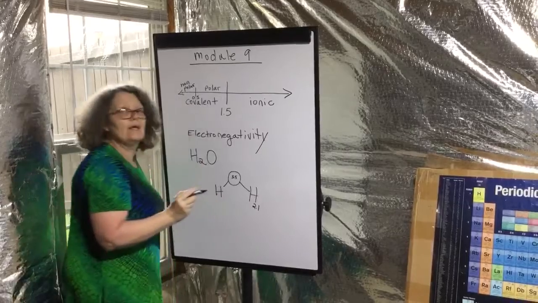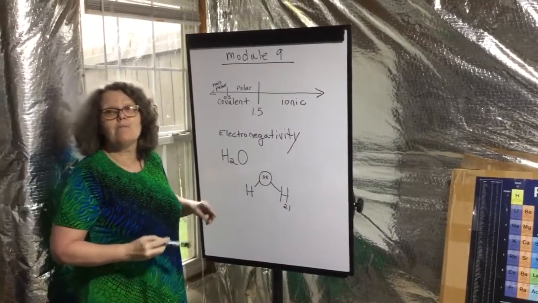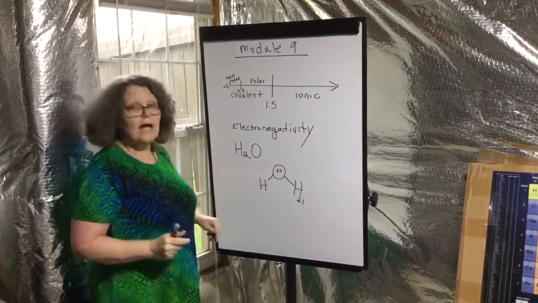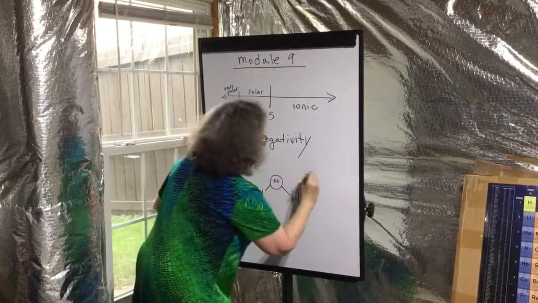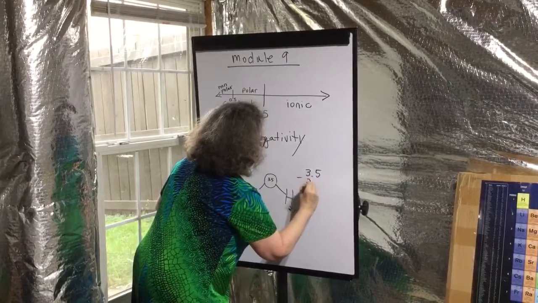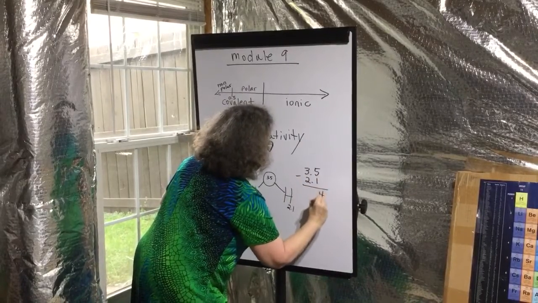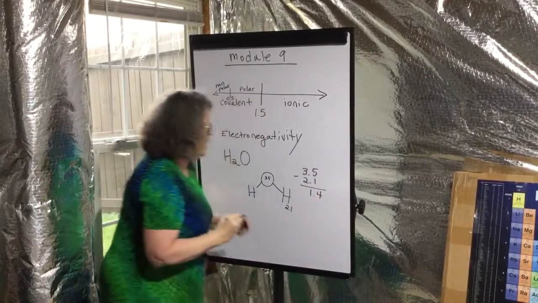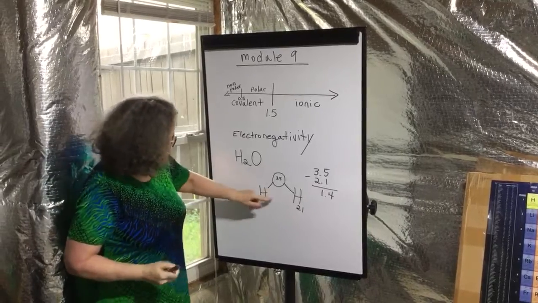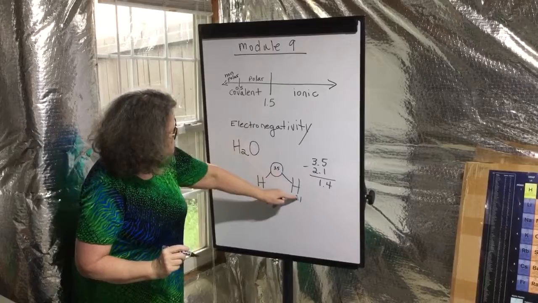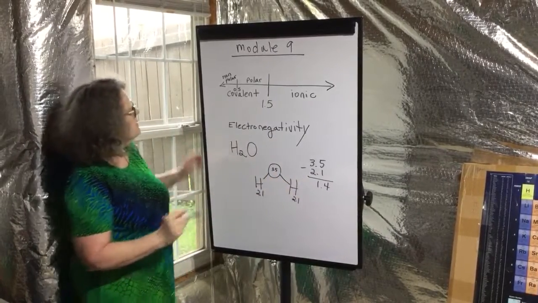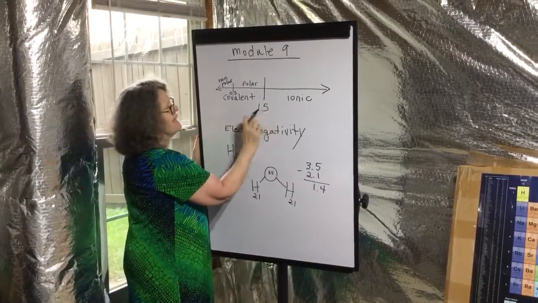Remember, this is a scale. How well does it grab electrons? So how do I figure out whether this is polar or nonpolar? I subtract. Each bond is the same. The difference in electronegativity is 1.4. Okay? This is the cutoff.